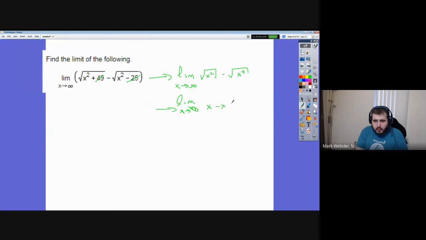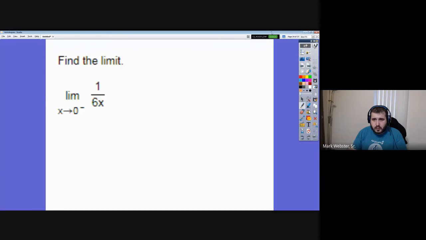Isn't that 0? Right, x minus x is 0, and then there's no x's left to mess around with, so we have just 0. Again, don't think too hard about these. Once you have this idea of going to infinity land, getting all the extra pieces out of the way, it does help. It does make a difference. All right, let's do another one.